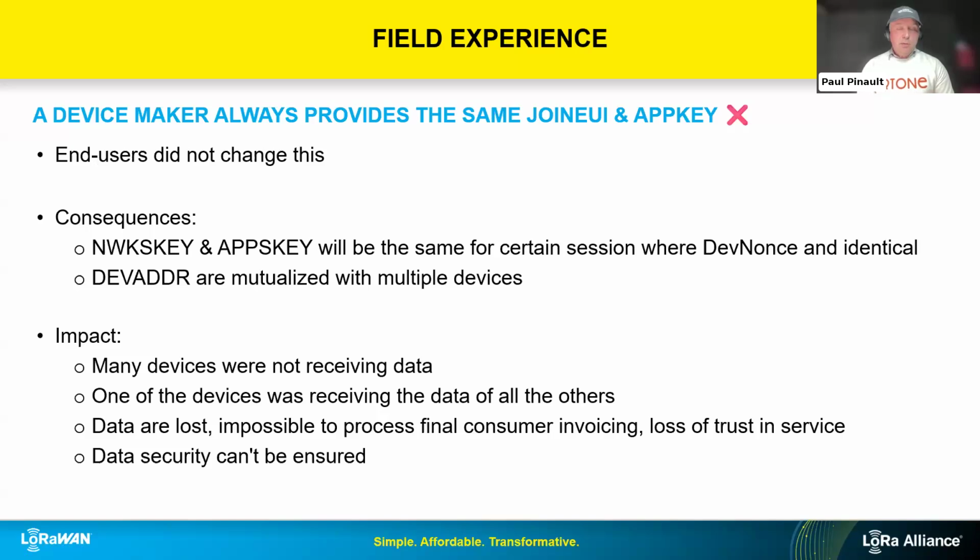He changed the dev EUI, but maybe he did not read the specification, and he forgot one important thing. The session keys are based on the join EUI and the DevNonce, and as a consequence, every device, when connecting for the first time and the second time and the third time and so on, is generating the same network key and app S key. So basically, it totally ruins the security.